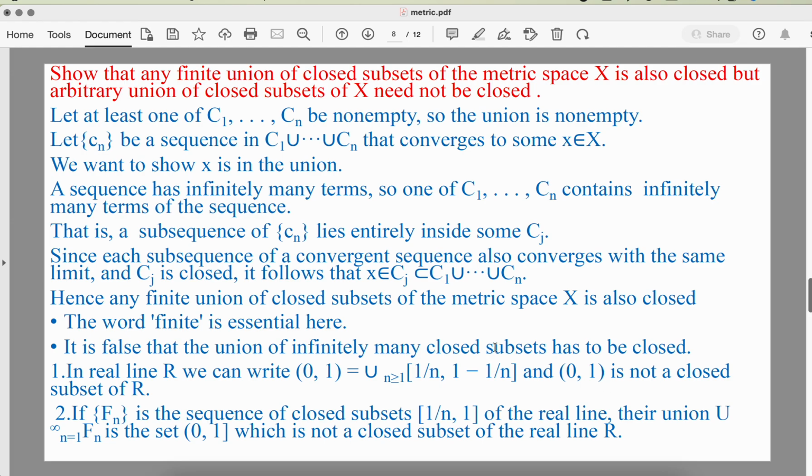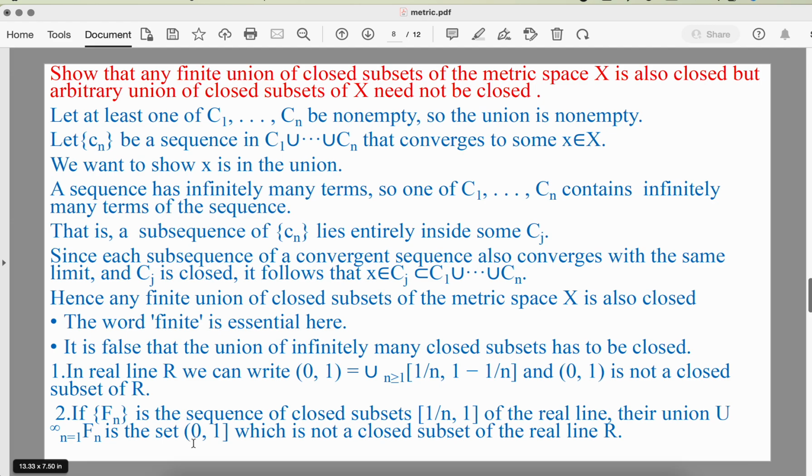Similarly, we consider one more example. If Fn is a sequence of closed intervals [1/n, 1] on the real line, then their union over n equal to 1 to infinity of Fn is the set (0,1]. It is open at 0 and closed at 1, because 1/n tends to 0 as n tends to infinity.